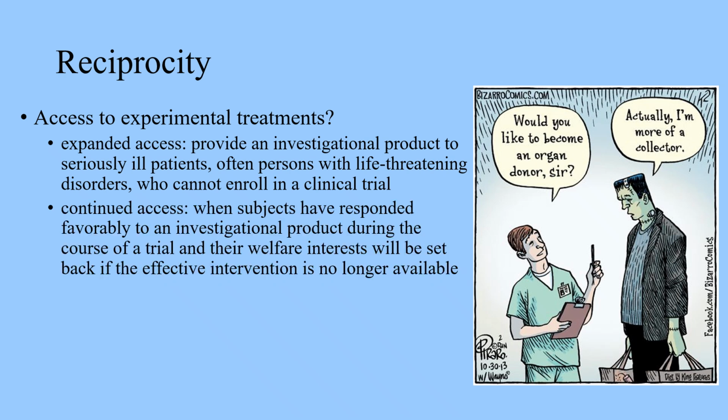Continued access happens when subjects are participating in these clinical trials, and this investigational product ultimately shows some benefit for them. And once the clinical trial ends, the patients who participated are allowed to continue if it's showing signs of positive outcomes, this effective treatment.